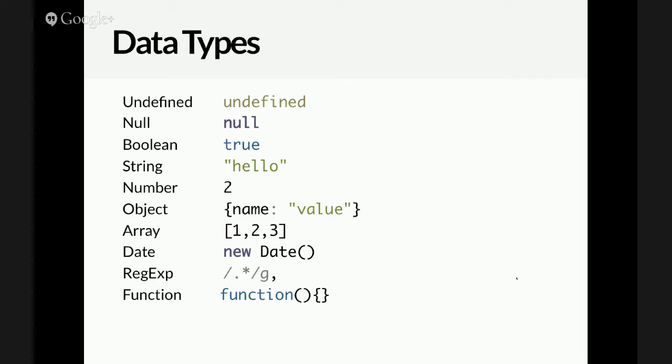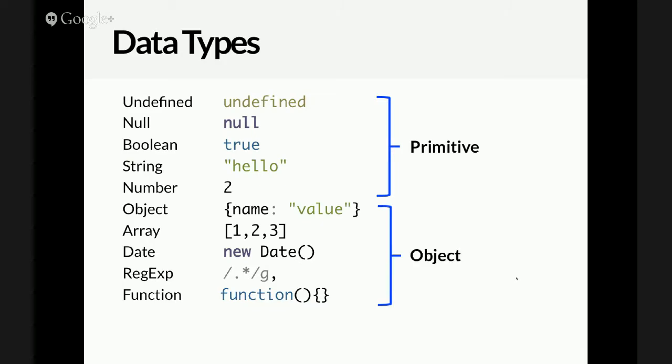JavaScript has two main sets of data types. Those are the primitive types, which are undefined, null, true, strings, numbers. These are passed by value instead of passed by reference, which we'll talk about.